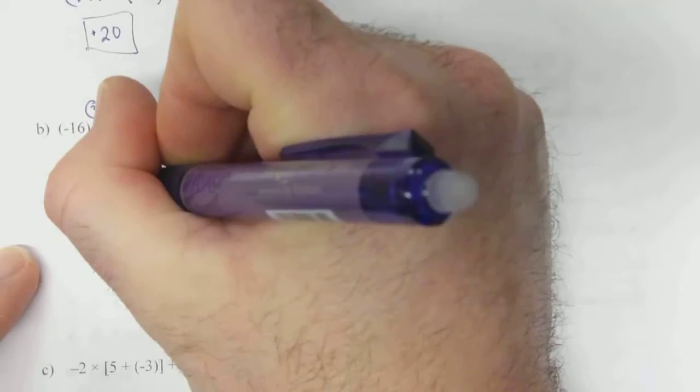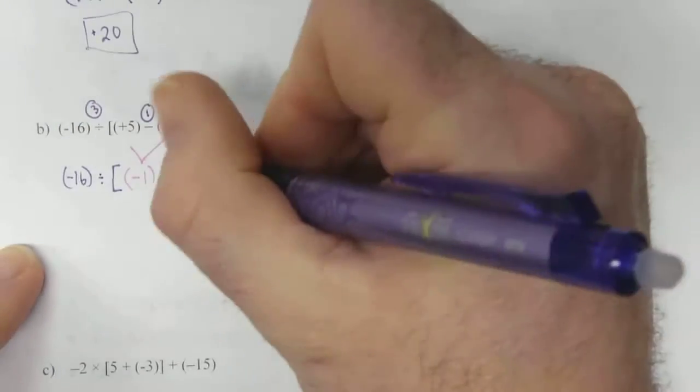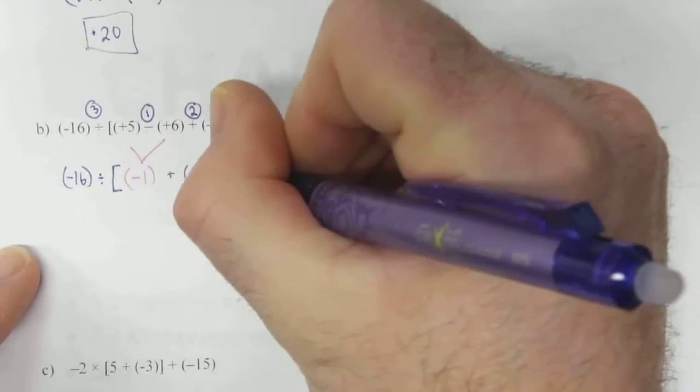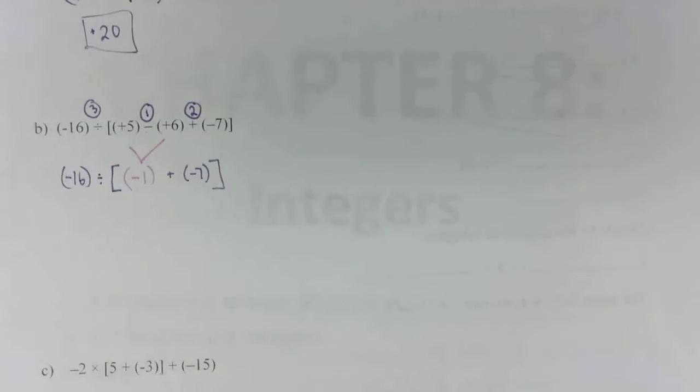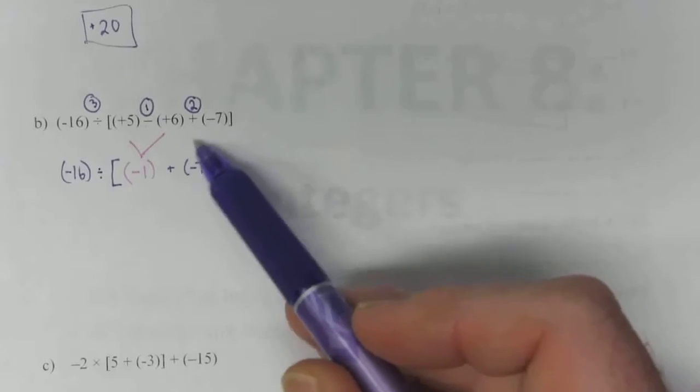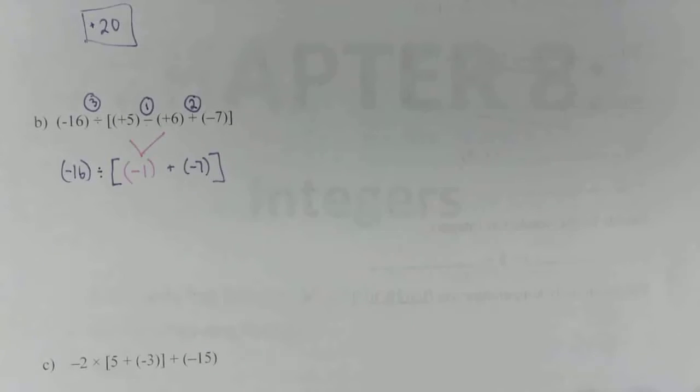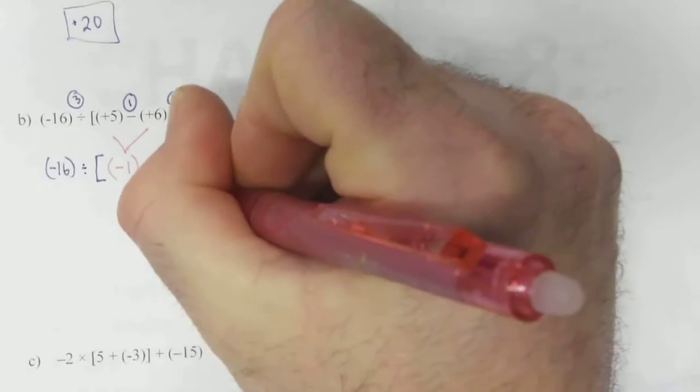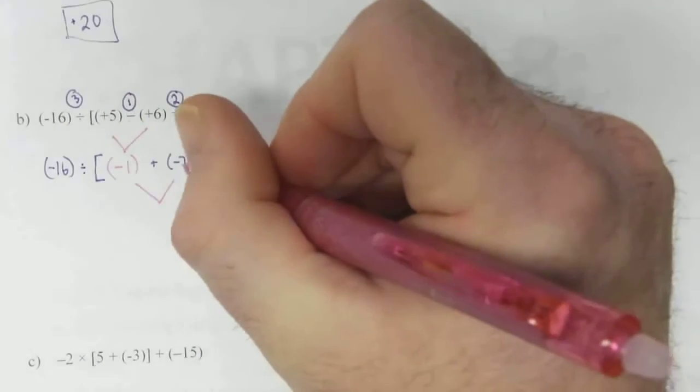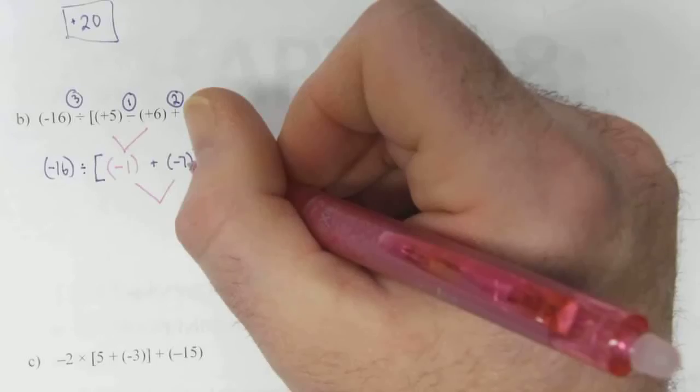And I'm going to keep my brackets going here. And then that's plus negative 7. So the pink shows you the calculation from above. Next up was the addition, so let's do that. Negative 1 plus negative 7.